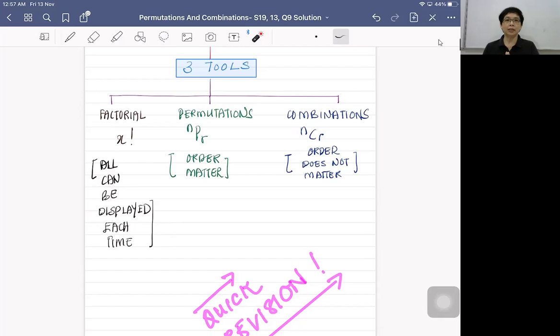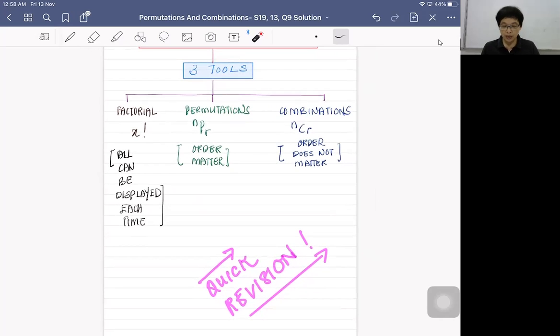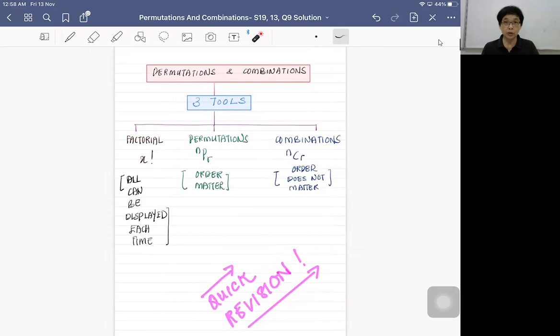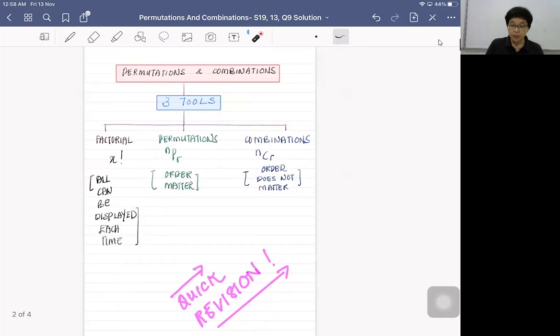So who takes the seat and which seat is taken by whom makes no difference. On that occasion, combination is your tool. Now, with that quick revision, let's move into applying this knowledge to solve this question.